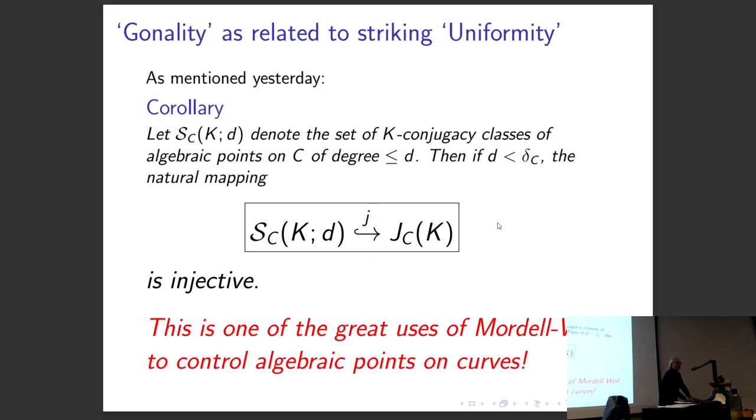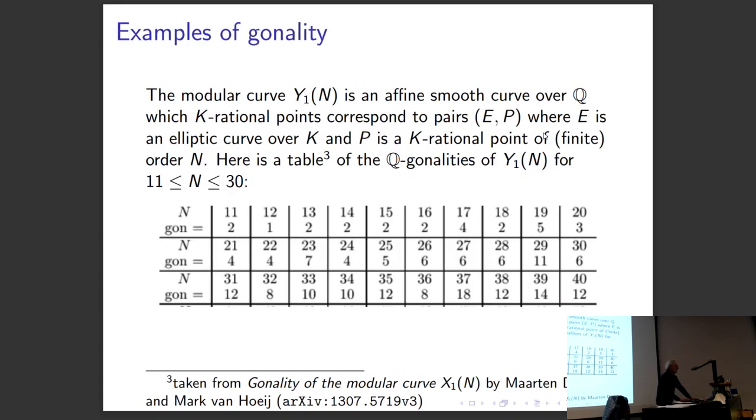If it's greater than the gonality, you get a surjection, and if it's equal to the gonality, you get this absolutely amazing thing, which is it is what it is, and it would be really nice to give computations that describe it. Anyway, as I said, this is one of the great uses of Mordell-Weil, that is, to understand J_C of K and use such injections to control algebraic points on curves.